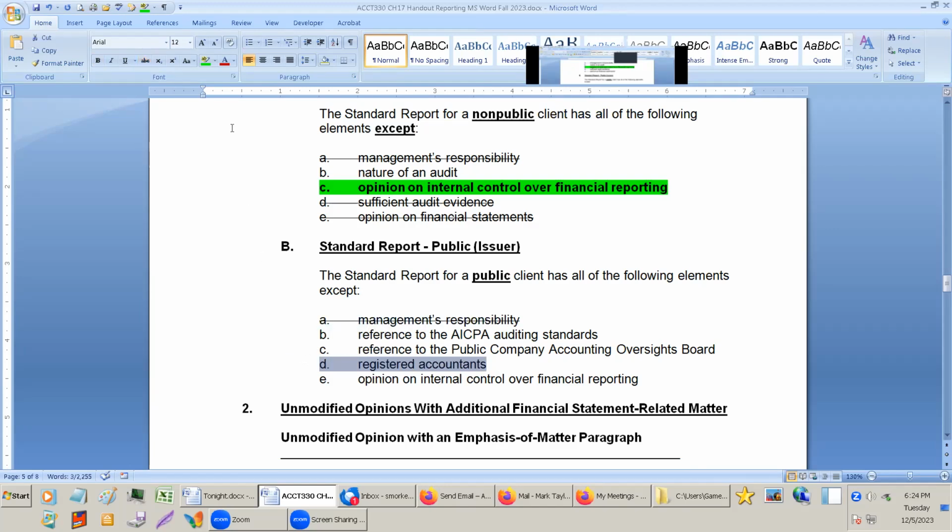So we do talk about management responsibility. That's always there. We give an opinion, and publicly traded companies have accountants registered with the PCAOB. You have to be a registered CPA firm. So we're down to B and C.